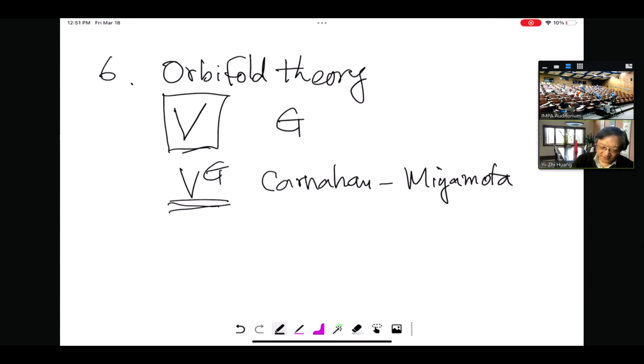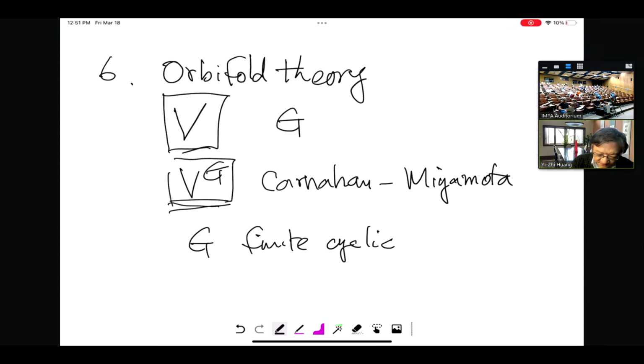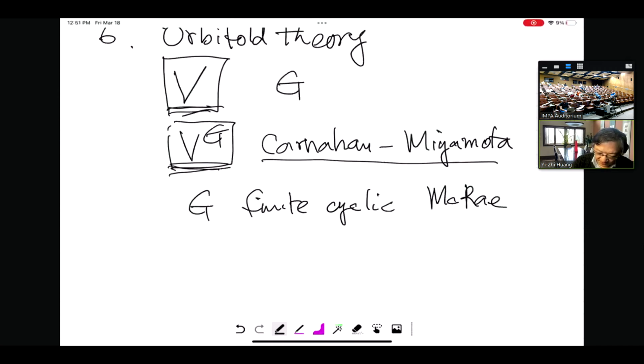What they did is that in the case that G is a finite cyclic group, they proved that the fixed point subalgebra indeed satisfies the same conditions as the one we start with. So this is their result, and then recently there is a different proof by McRae.